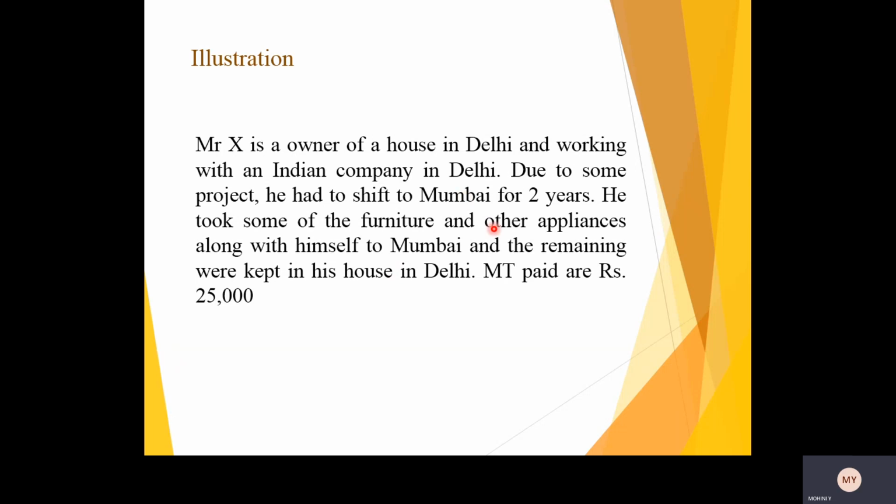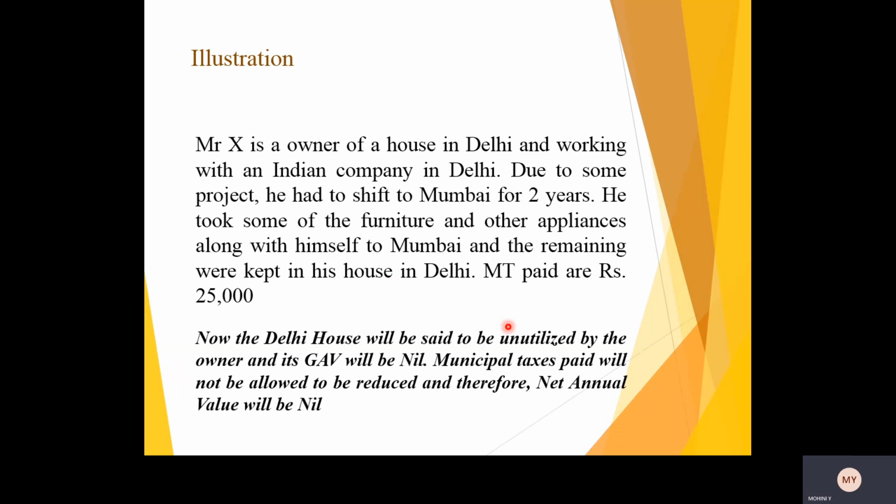So in this case, the house in Delhi will be considered an unutilized self-occupied property; he is not able to utilize it, but he is the owner of the house in Delhi. So self-occupied treatment will be applicable, which says that the gross annual value is zero, municipal taxes are not allowed, and the net annual value is zero. The same treatment will be applicable in this scenario.